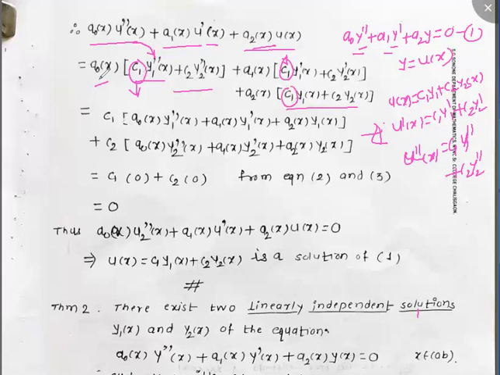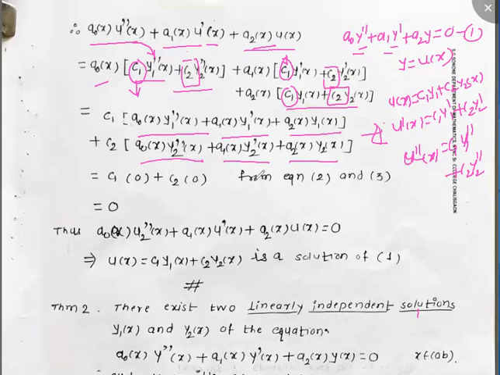So we get c1 times [a0(x) y1'' + a1(x) y1' + a2(x) y1(x)]. Then we take c2 common: c2 times [a0(x) y2''(x) + a1(x) y2' + a2(x) y2].